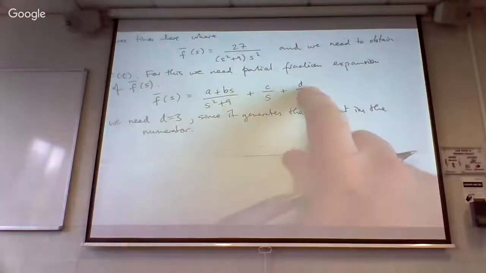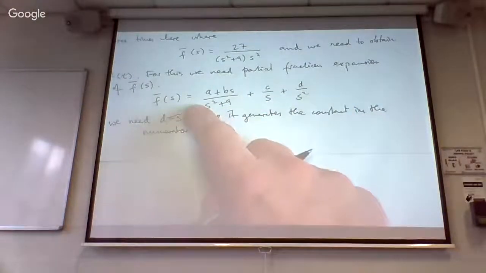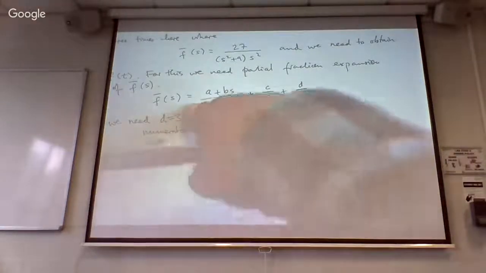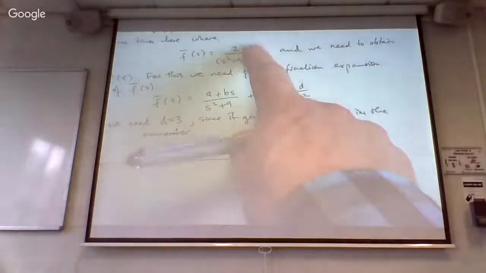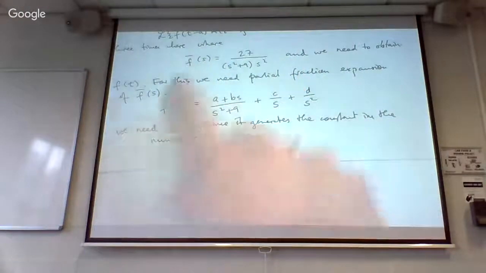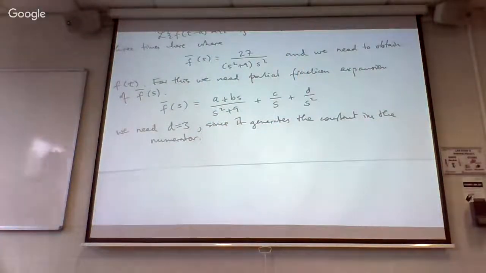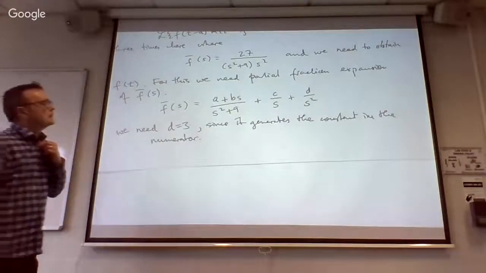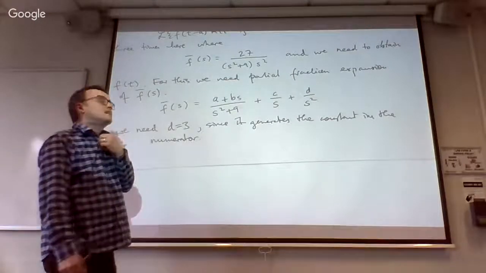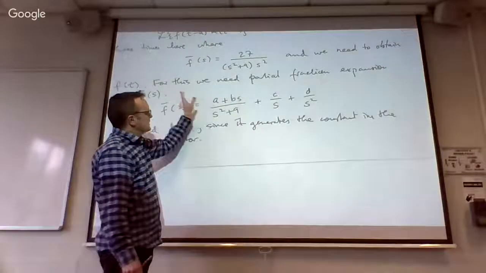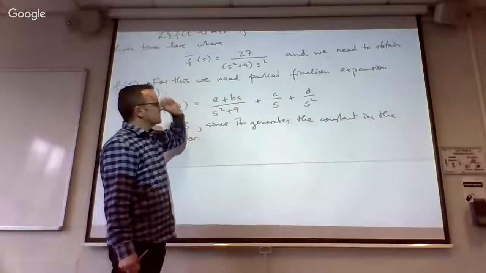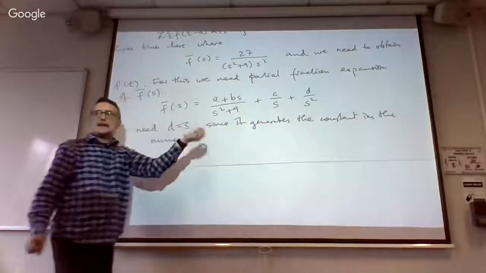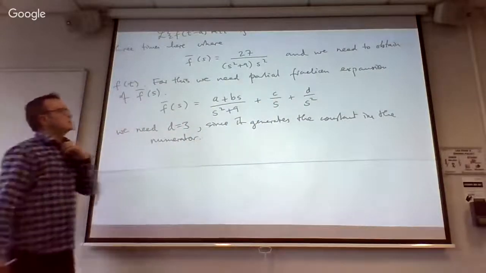But of course, if you decide that d is 3, you also get a 3s squared in the numerator. But there ain't any s squareds in the numerator, so we have to cancel that s squared. So which bit gives s squareds in the numerator? A. Because when you collapse that thing together to that single fraction, the a ends up getting multiplied by s squared. So the a generates more s squareds.